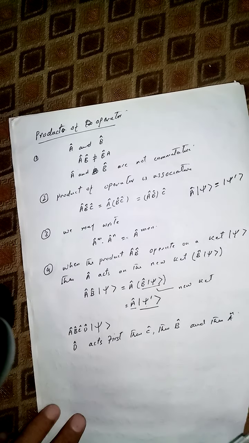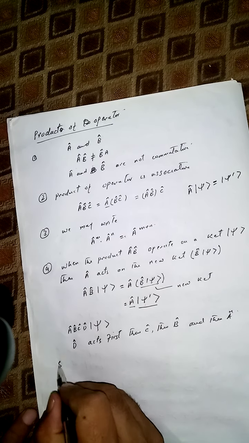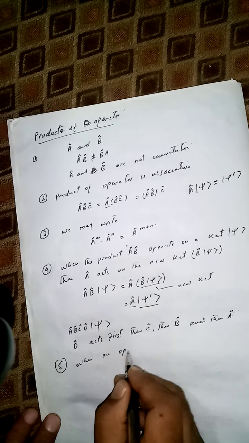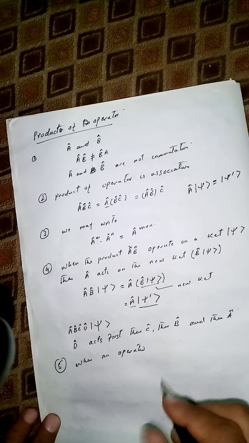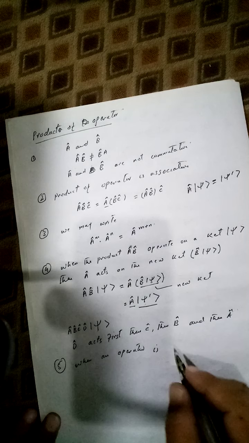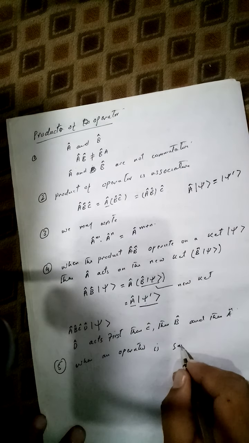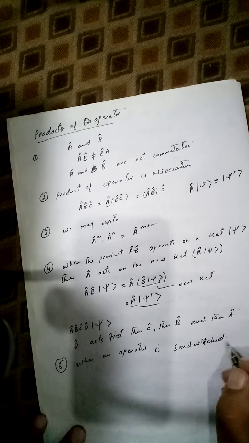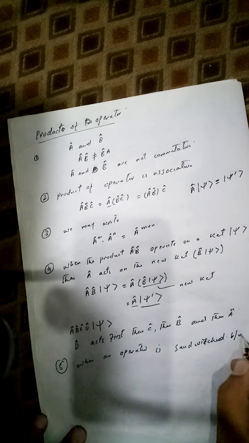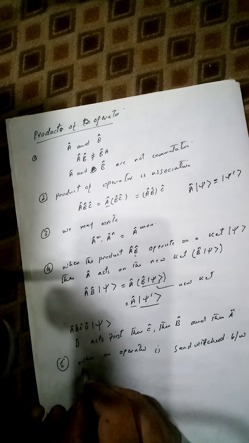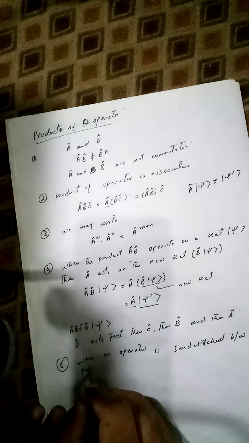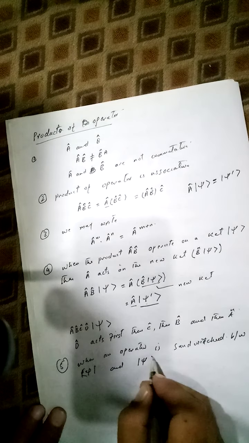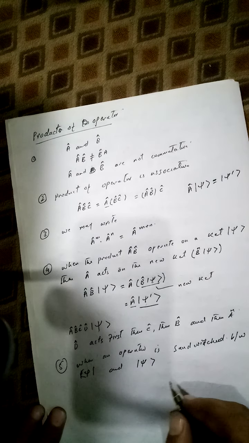Now the fifth property is, when an operator is sandwiched between a bra phi and a ket psi, it yields a complex number.